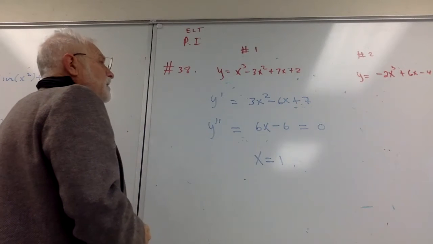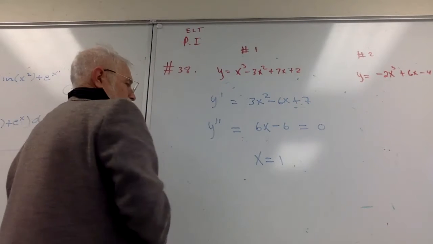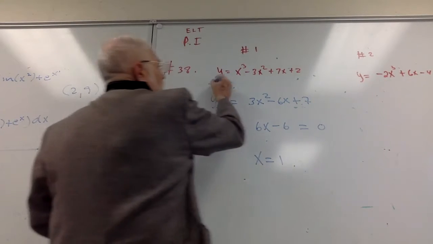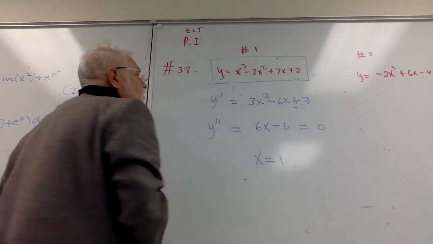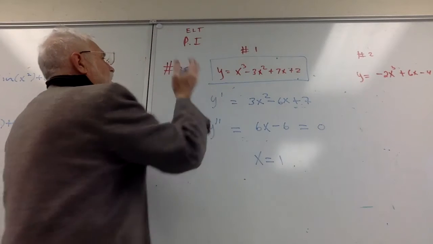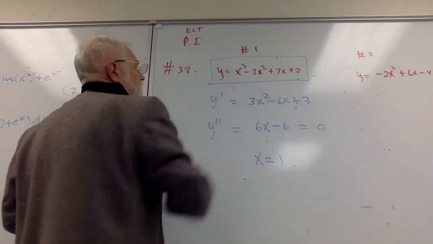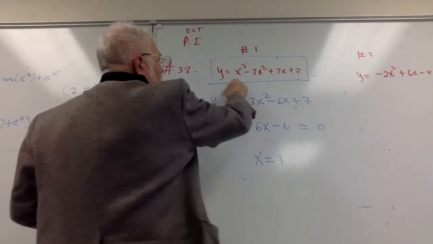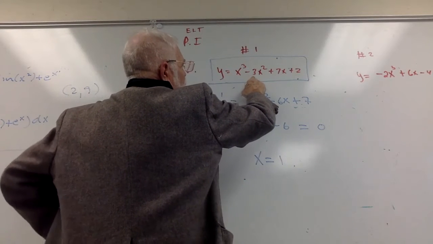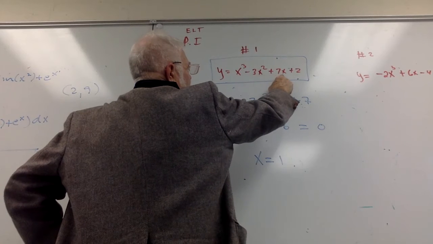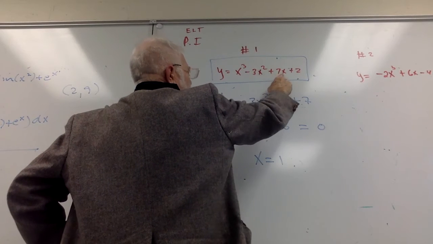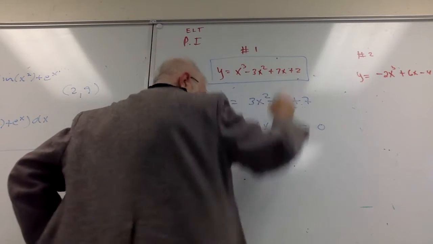All right. I need the equation of a tangent line. I have an x value, and I want the equation of the line tangent to this. I better find the point on that curve at x equals 1. So I plug the number 1 in, and I get 1 minus 3 is negative 2. Negative 2 plus 7 times 1 is 7. Negative 2 plus 7 is 5. 5 plus 2 is 7.